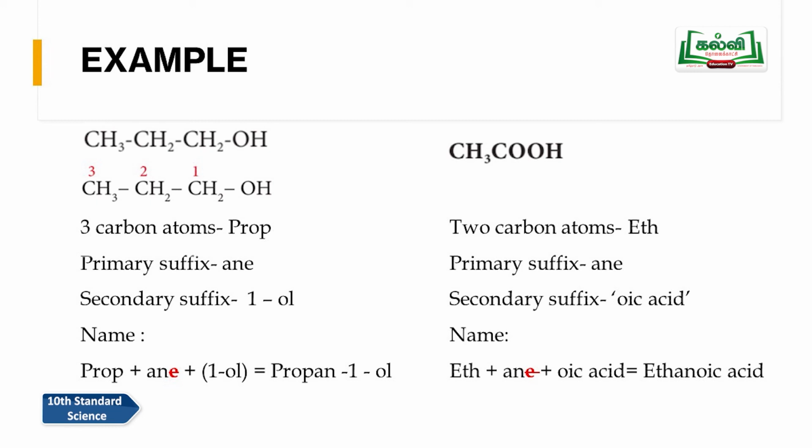So you can see eth plus ane plus oic acid. After removing the e from ane, and when you join these words together, you get ethanoic acid, which is the IUPAC name of this particular compound, CH3COOH. So we have seen compounds containing only carbon atoms, compounds containing a double bond, and compounds containing functional groups.